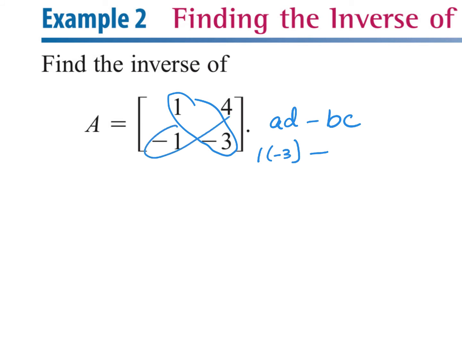Minus what? -1 times 4. Lots of minus signs in here, so just simplify your multiplication first. What's 1 times -3? -3 minus, what's -1 times 4? -4. When I have minus and negative, it becomes plus, so my value is just 1.